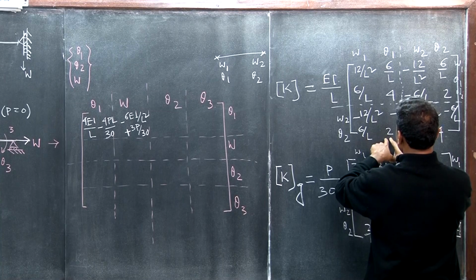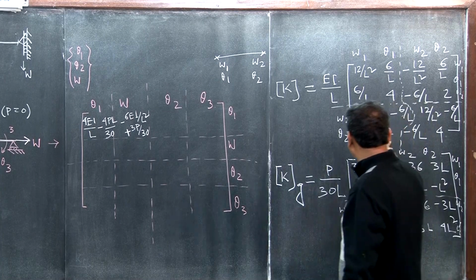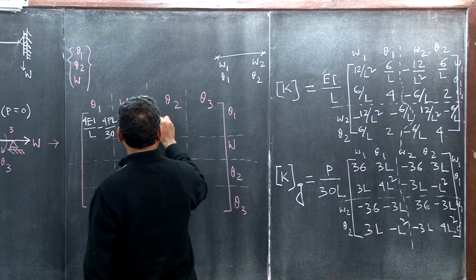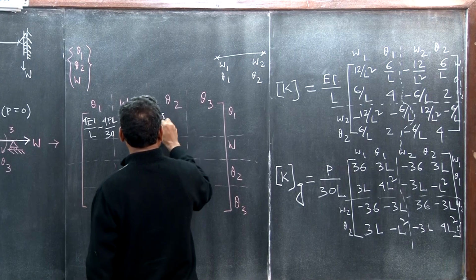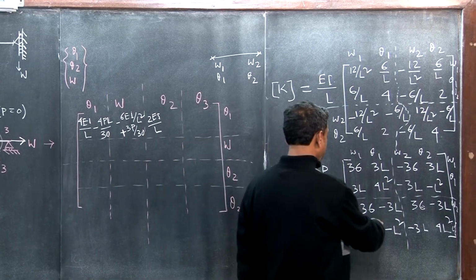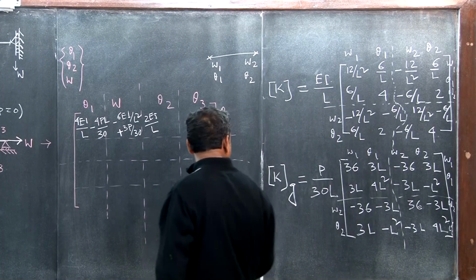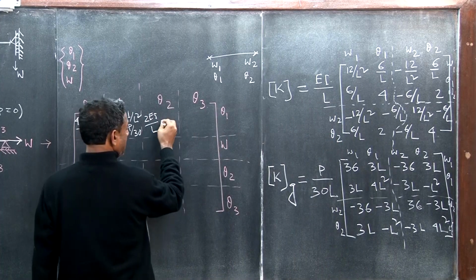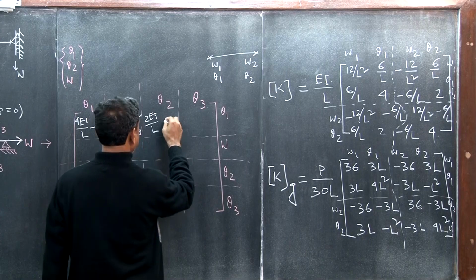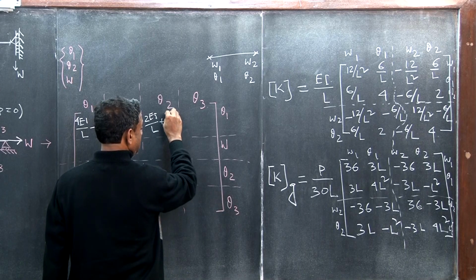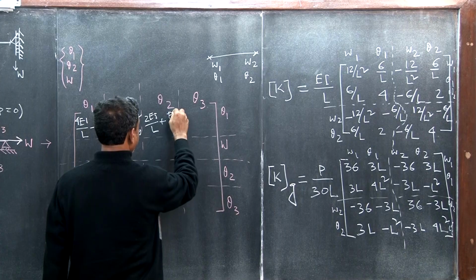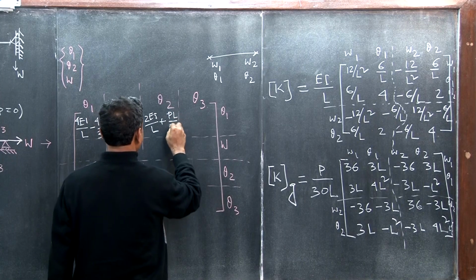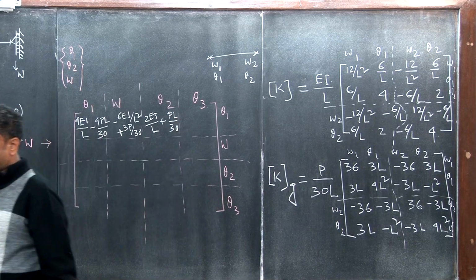So theta 1, theta 2 will be nothing but 2EI by L, right? 2EI by L, and the respective member here is nothing but minus PL by 30, plus 3PL by 30, right?